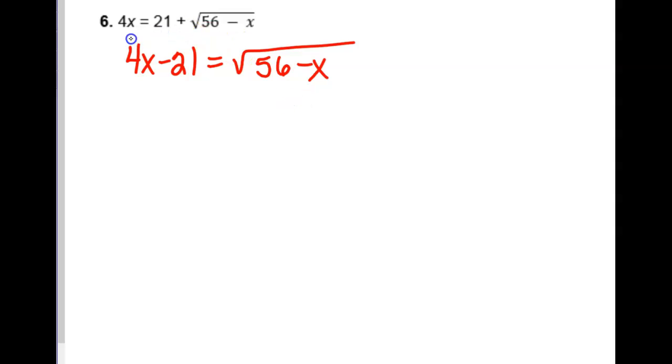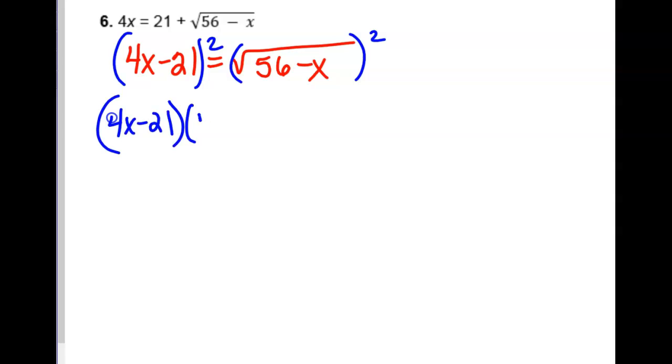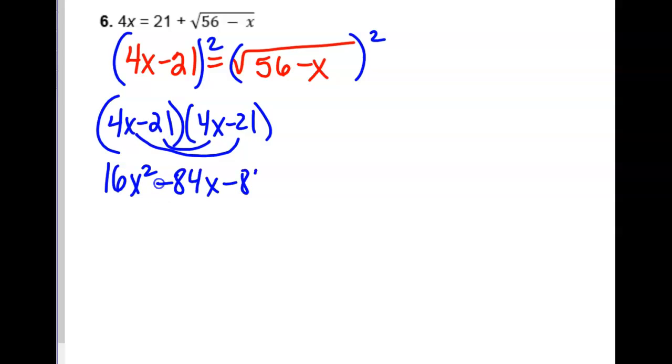So when I square both sides, can anybody figure out what we get on the left? 4x minus 21 times 4x minus 21 is 16x squared. And that would be 84 and another 84. I'll write them both out. Plus, because negative times a negative is a positive, and 21 times 21, I believe, is 441. And the right-hand side, we just get rid of the radical.